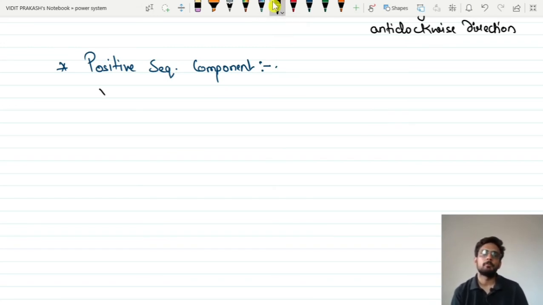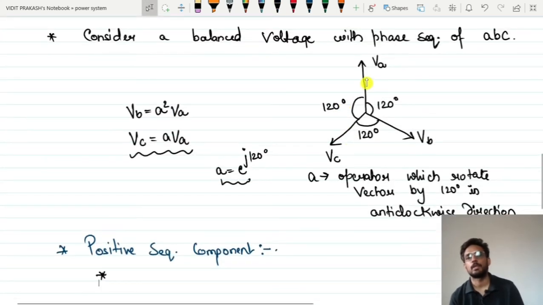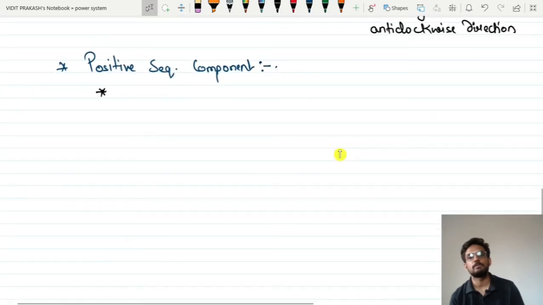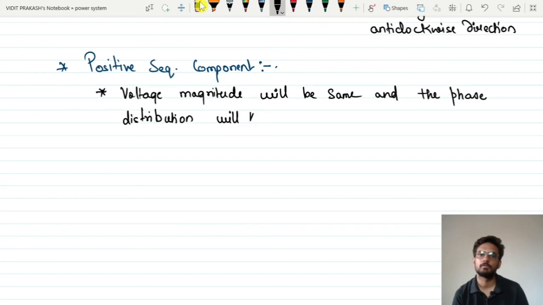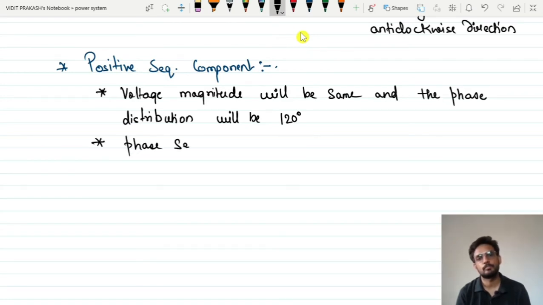See, in positive sequence component, the voltage magnitude will be same and the phase distribution will be 120 degree. And what about the phase sequence? That will be same as the original phase sequence. What was the original phase sequence here? That is ABC, right?